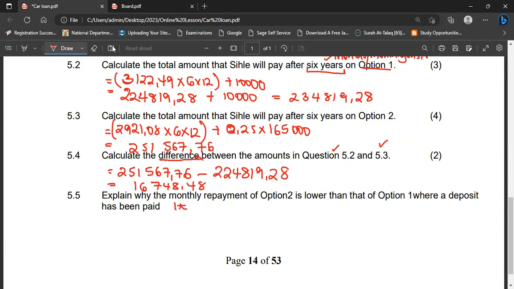I believe it's lower because it has the balloon. Is the balloon what? Just the balloon payment.